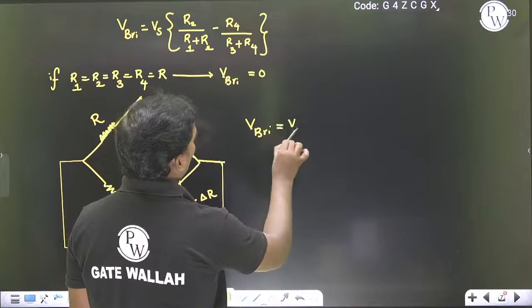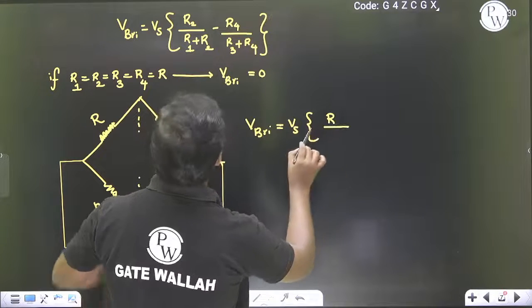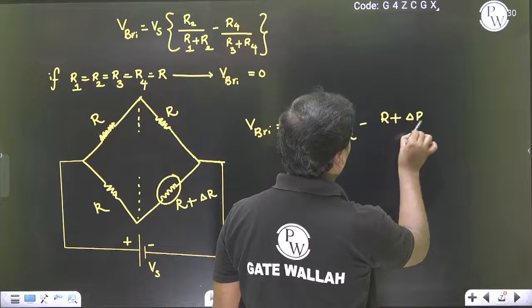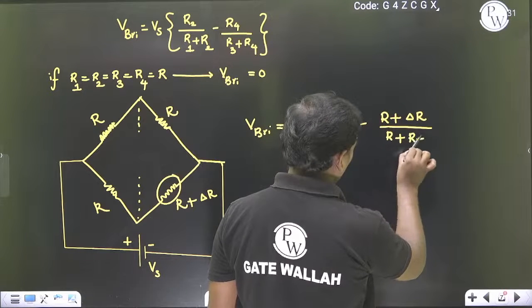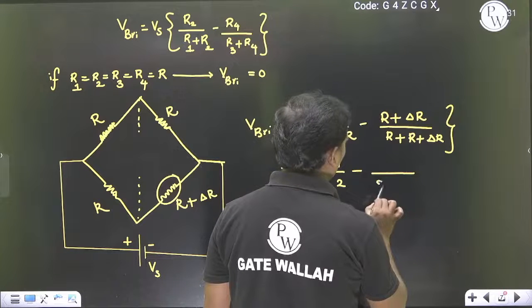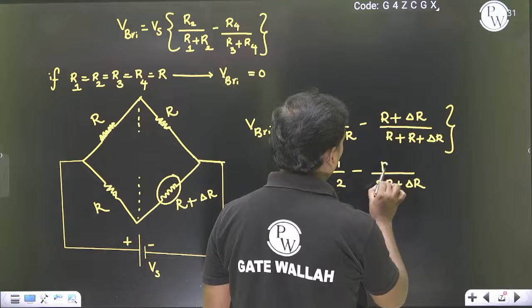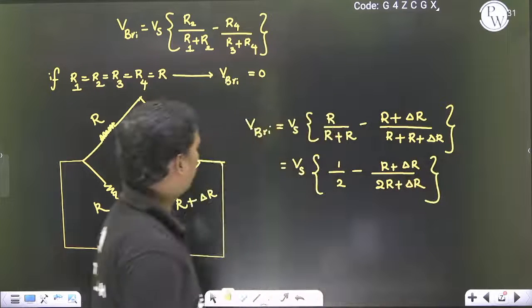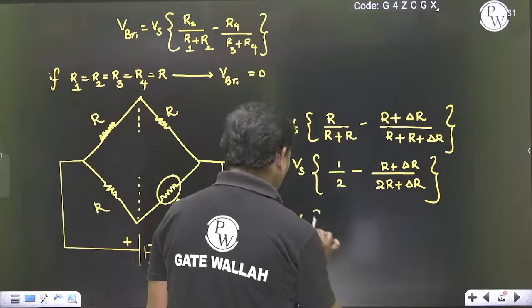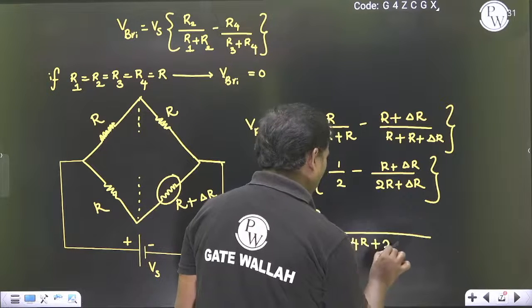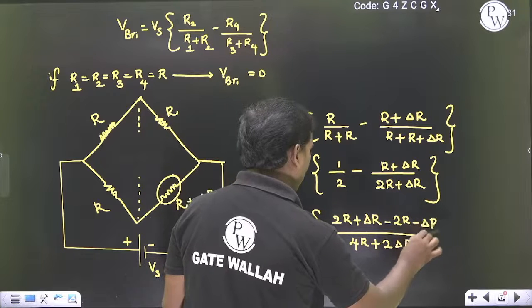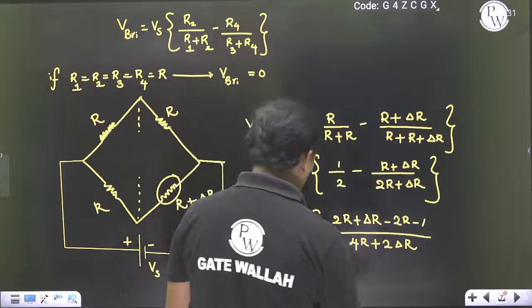V bridge is equal to Vs into R by R plus R minus R by R plus R4, where R4 is changing as R plus delta R. So I get 1 by 2 minus R by 2R plus delta R. Simplifying, this is 4R plus 2 delta R minus 4R plus 2 delta R over the product.